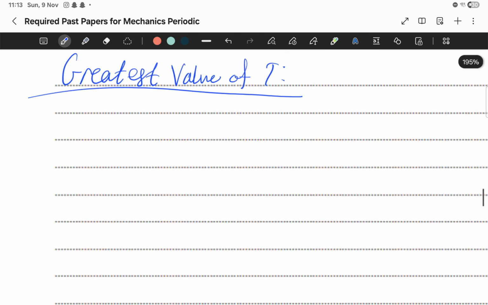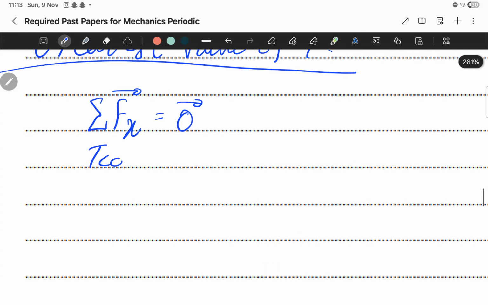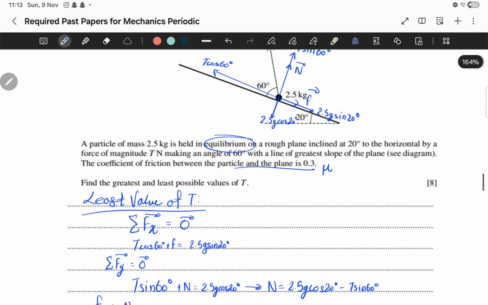So straight away, sigma Fx is equal to 0. Right? So now I can write T cos 60 is equal to F plus, what was it, 2.5 g sin 20.